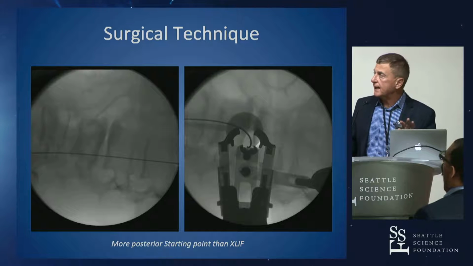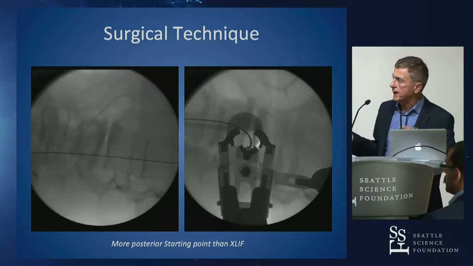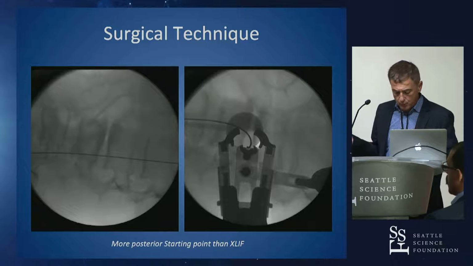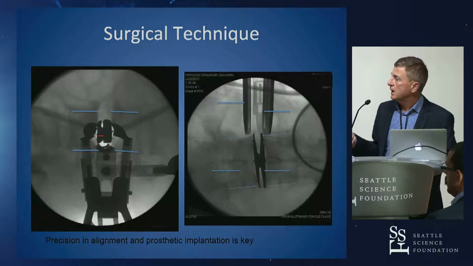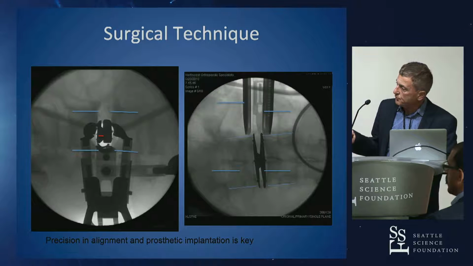So little technical pearl, when you dock with your retractor, you always got to think about that IAR, and you got to be more posterior than usual. And when you implant, this would be the center of rotation of the prosthesis. And then this is the marker for the inferior end plate of the cephalad vertebra, which is about halfway, and then that's the center of rotation.